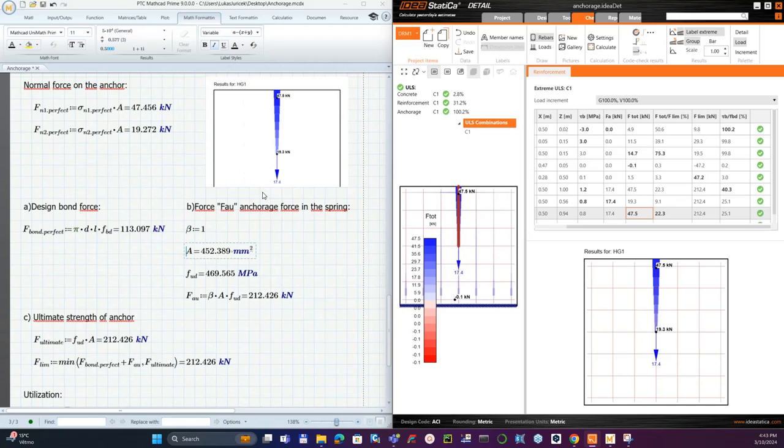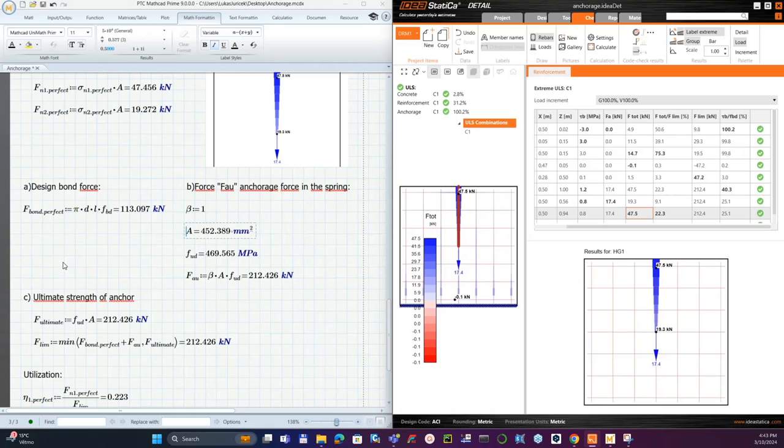The first one, or generally the condition, F_lim is calculated like a minimum of the summation of the bond plus the force at the end of the rebars, like the force in the anchorage shape. So right now I consider that it's perfectly bonded, so beta is 1.